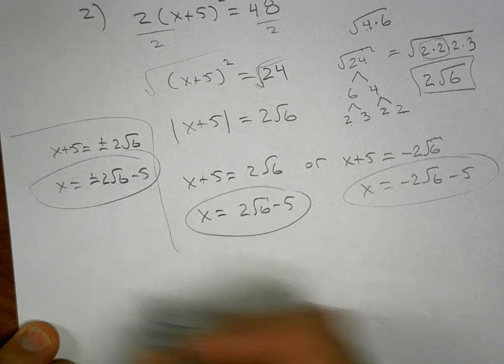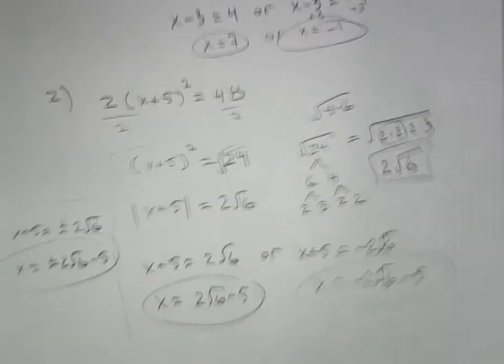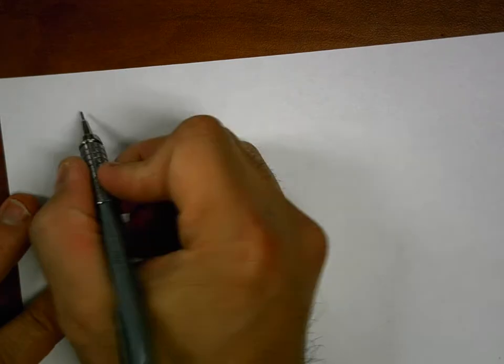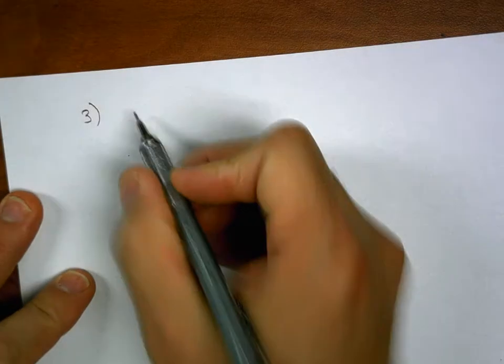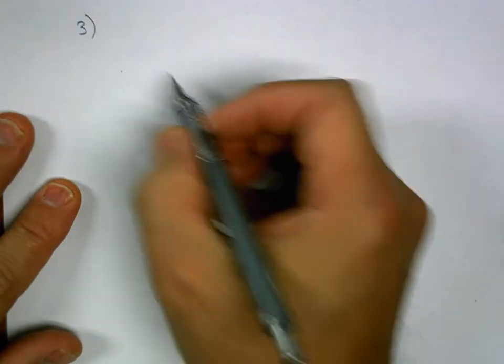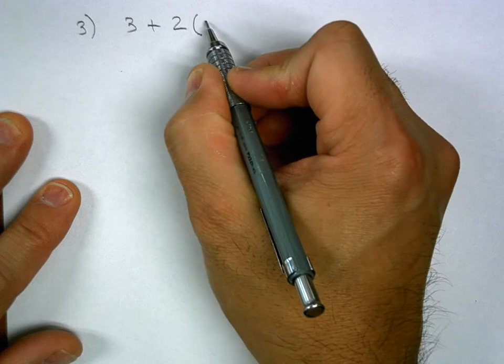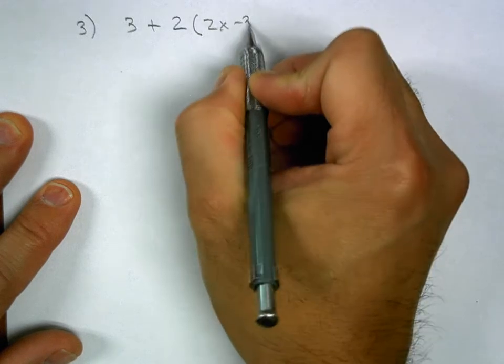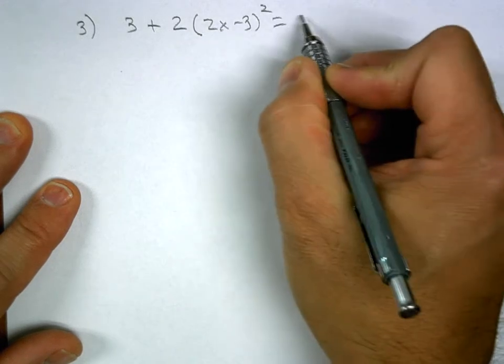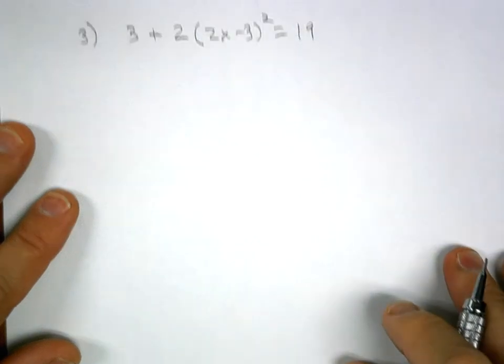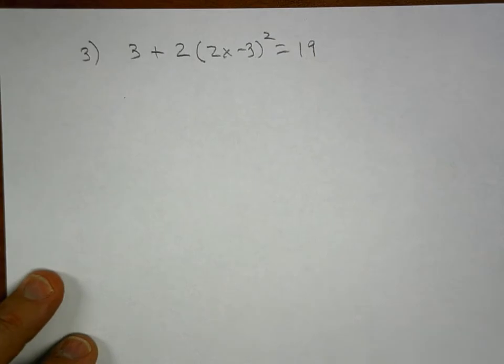Number 3. I'm going to turn this over here. A couple more here. So number 3. Okay. 3 plus 2 times 2x minus 3 squared is equal to 19. Okay, we'll solve.